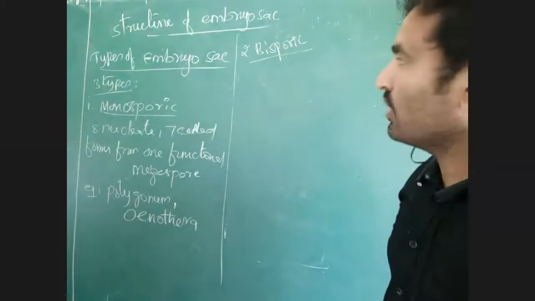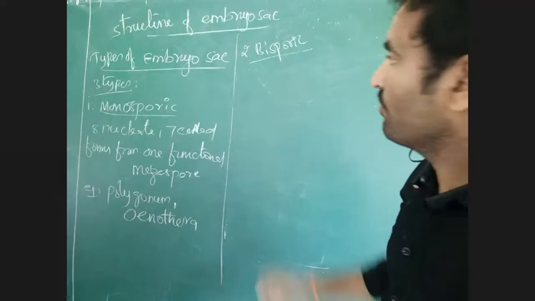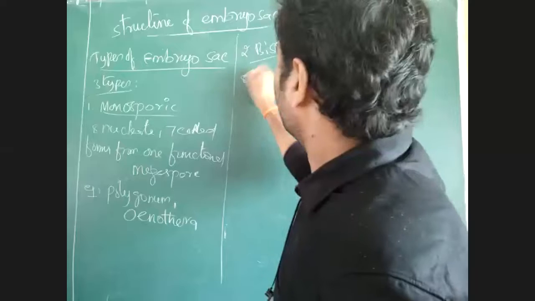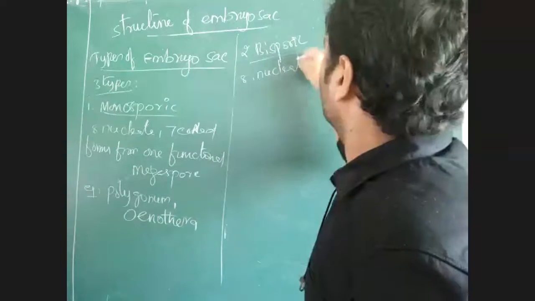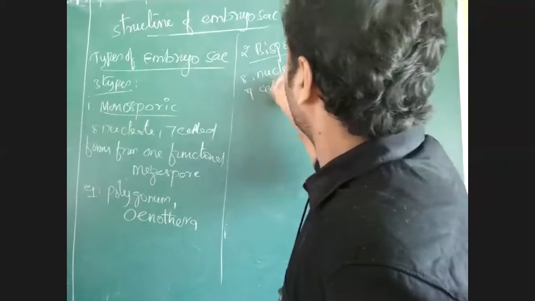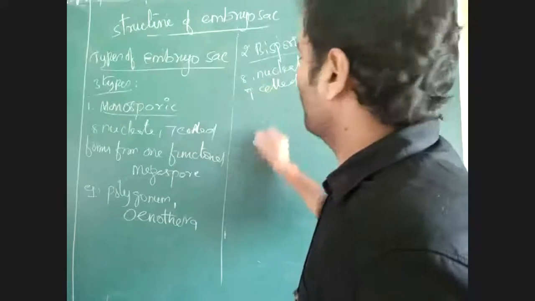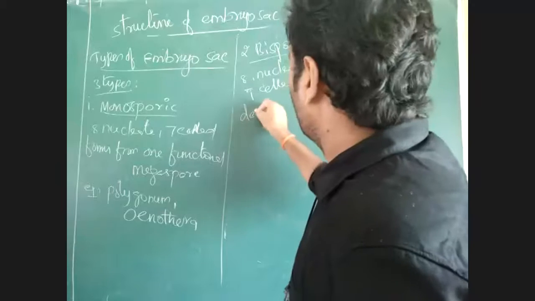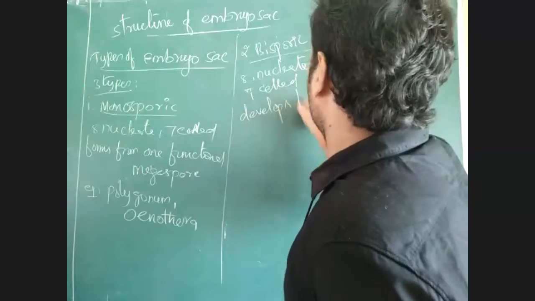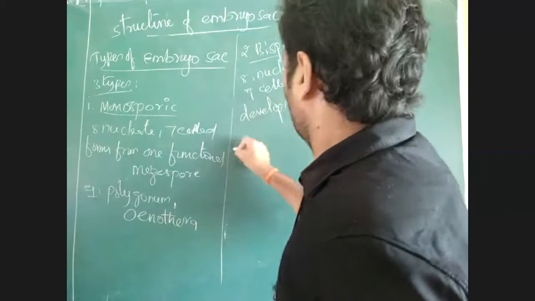Second one is bisporic embryo sac. What does bisporic embryo sac mean? It is 8 nucleate, 7 celled, but it develops from 2 megaspore nuclei.